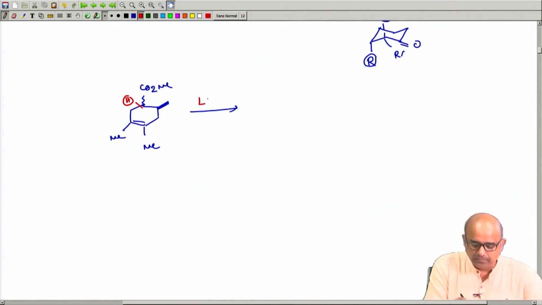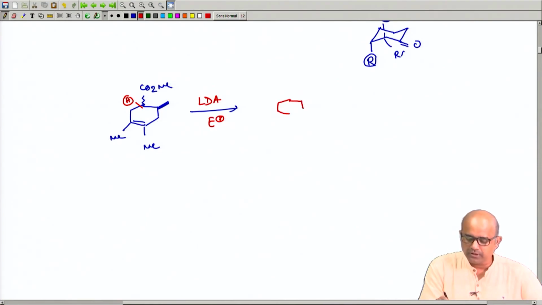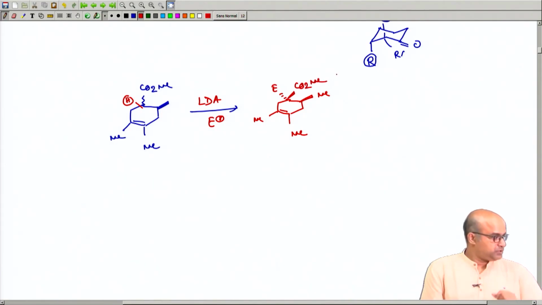Now, you treat it with LDA and let us say you treat it with an electrophile. So, what product will you be expecting as the major one? It is very simple, the existing stereocenter is beta. So, the electrophile will be alpha, just opposite to the existing stereocenter. So, you will eventually end up with this one as the major product.